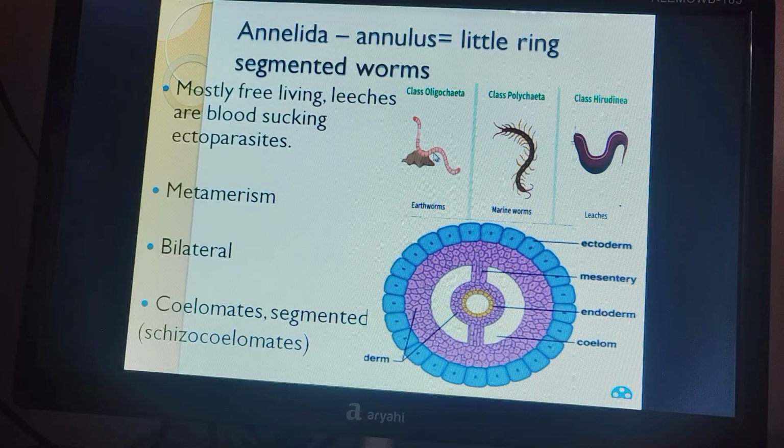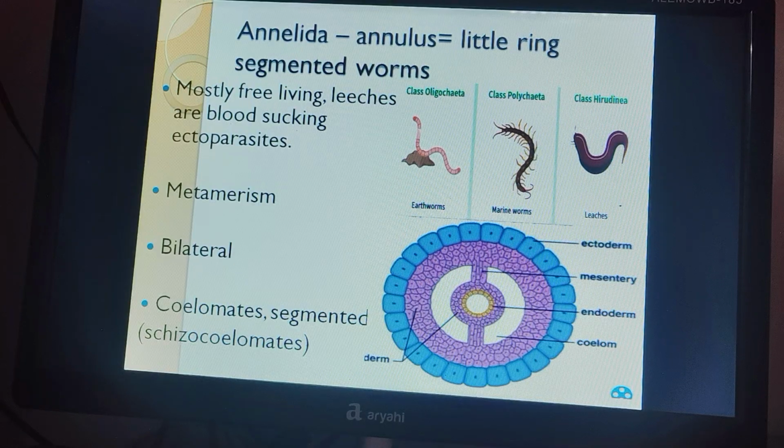As they have rings on their body, they are called ringed animals or segmented worms. Previously, nematoda are round, but they don't have rings or segments. That's why they are called unsegmented worms, round worms. Here these are the segmented worms. Annulus means little ring. Remember this one.